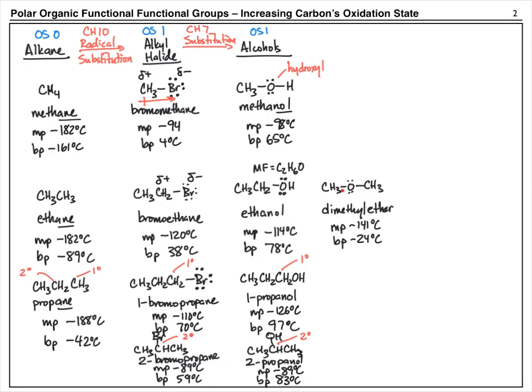Notice the dimethyl ether does not have an OH group, so those molecules are not as attracted to one another. So each of these carbons, CO, so that's one sigma bond, that's at an oxidation state of 1. This carbon is also at an oxidation state of 1. So that follows under the oxidation state 1 functional groups.